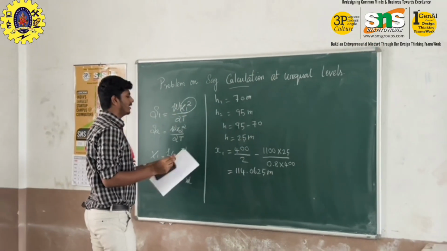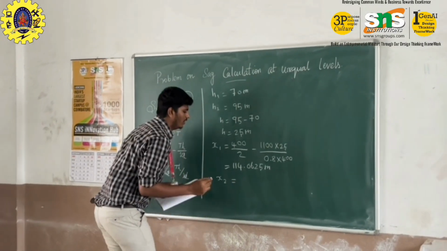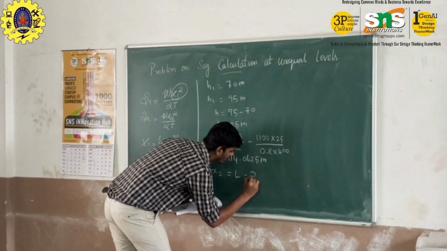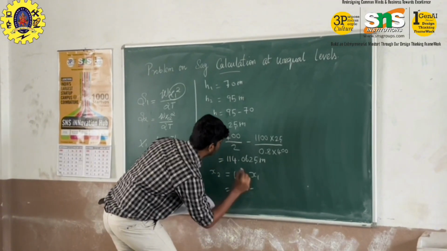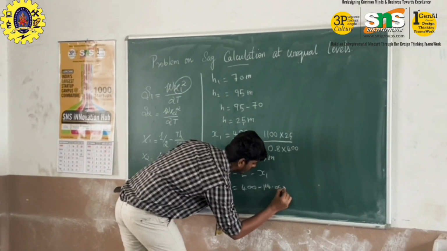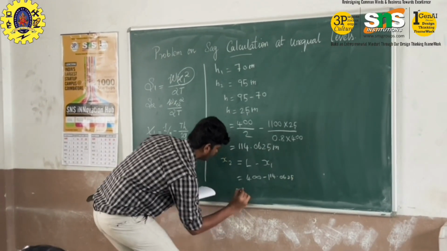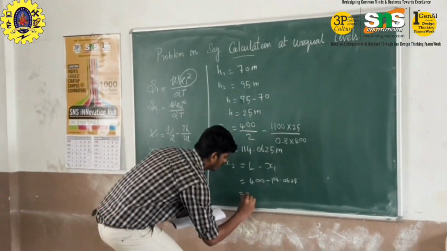From this we can calculate the x2 distance also. For x2 we can use the alternative formula, length minus x1. From that, 400 minus the x1 value, we got the answer as 285.9375.